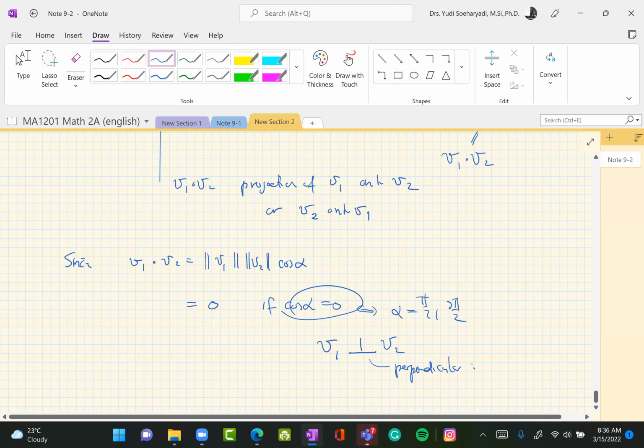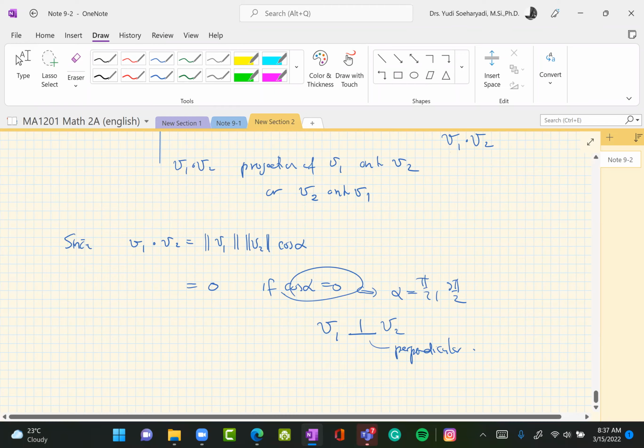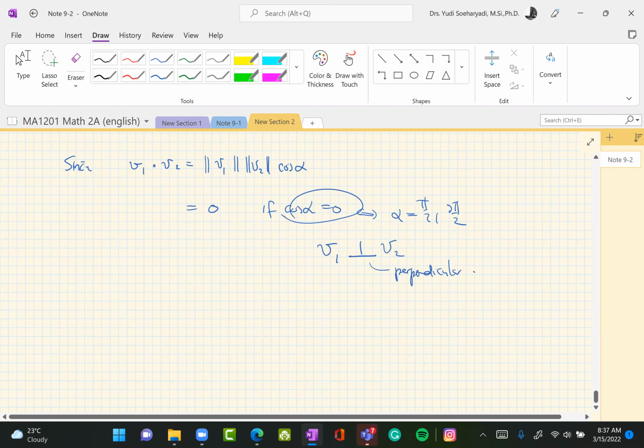So we have a criterion for perpendicular: two vectors are perpendicular if the dot product is 0. And that's the easy one.